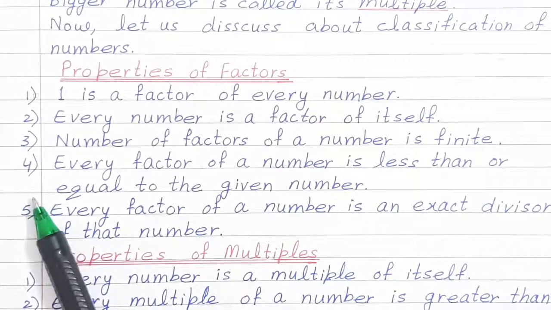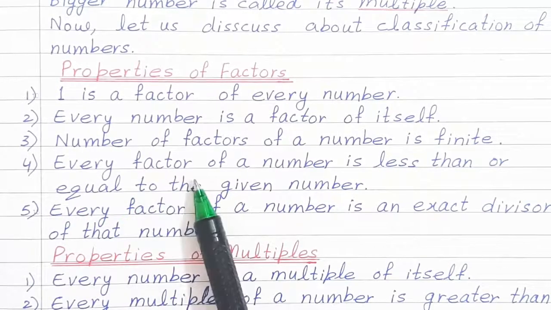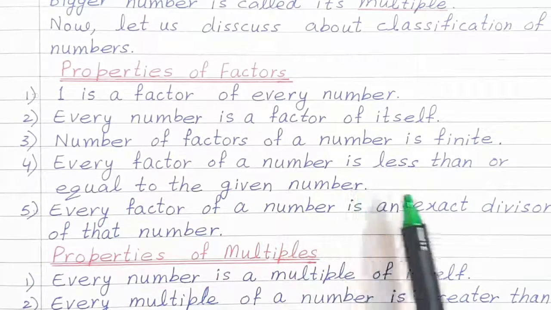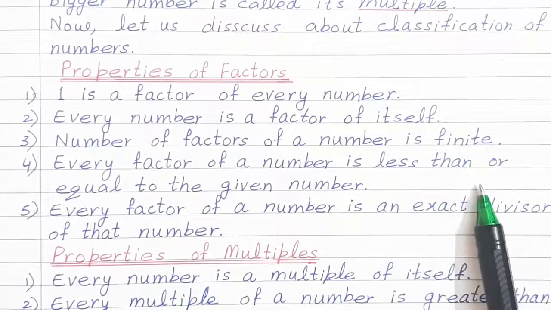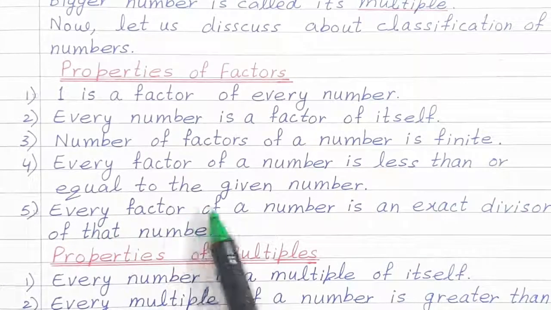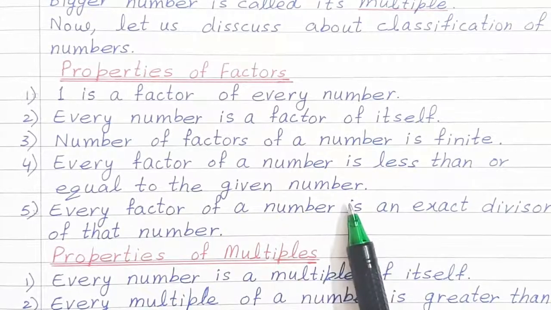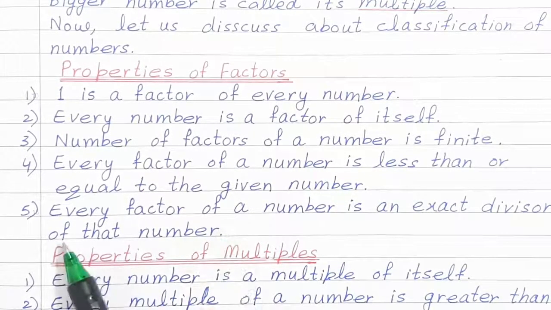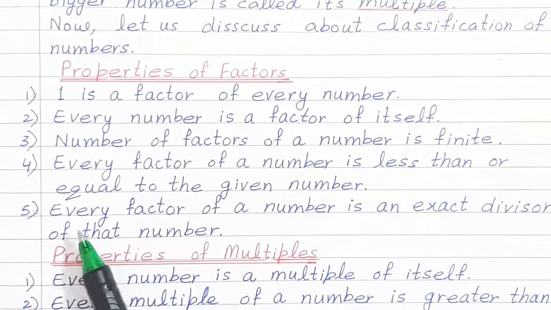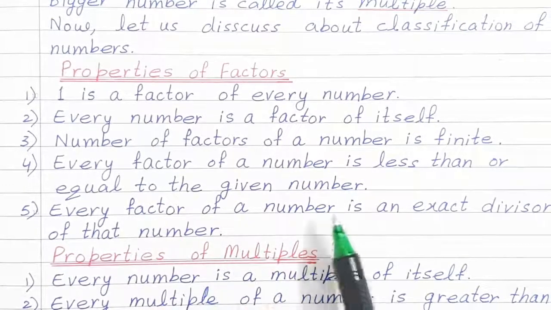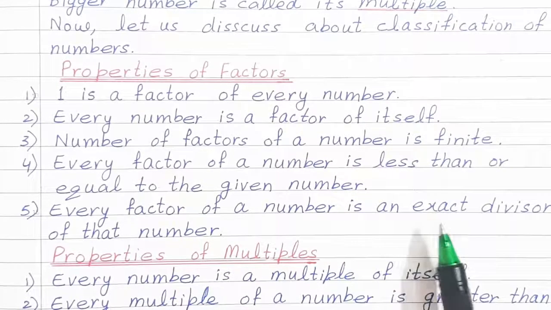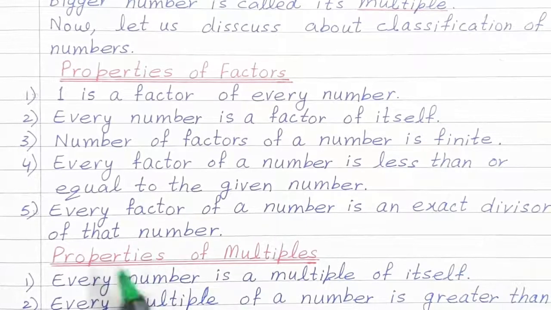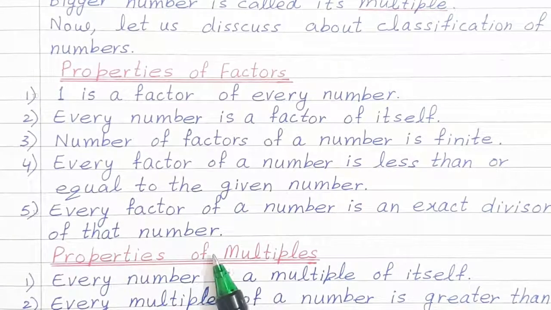Number 4, every factor of a number is less than or equal to the given number. And the last property is every factor of a number is an exact divisor of that number. I hope it is clear to everyone now.